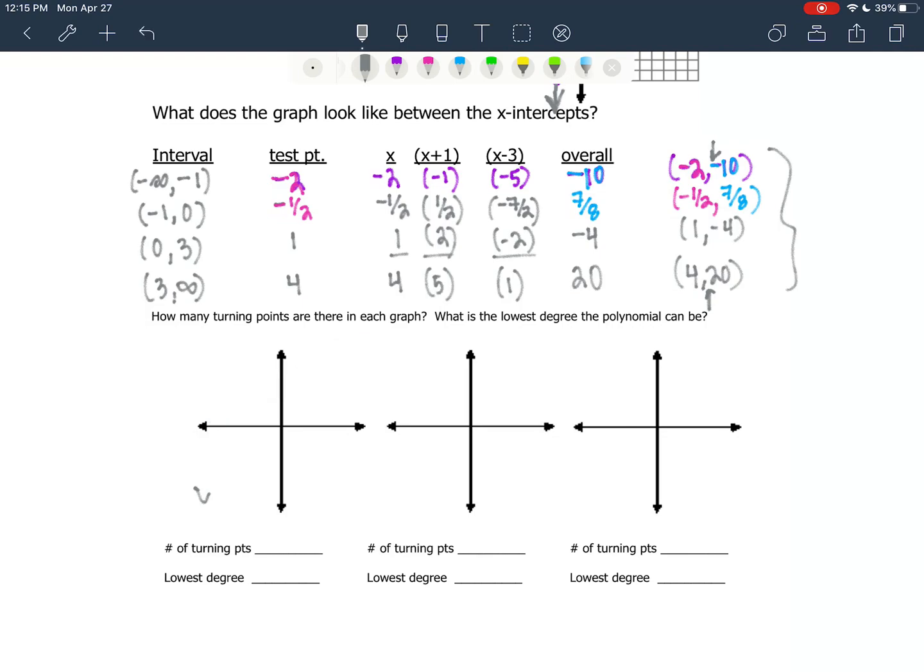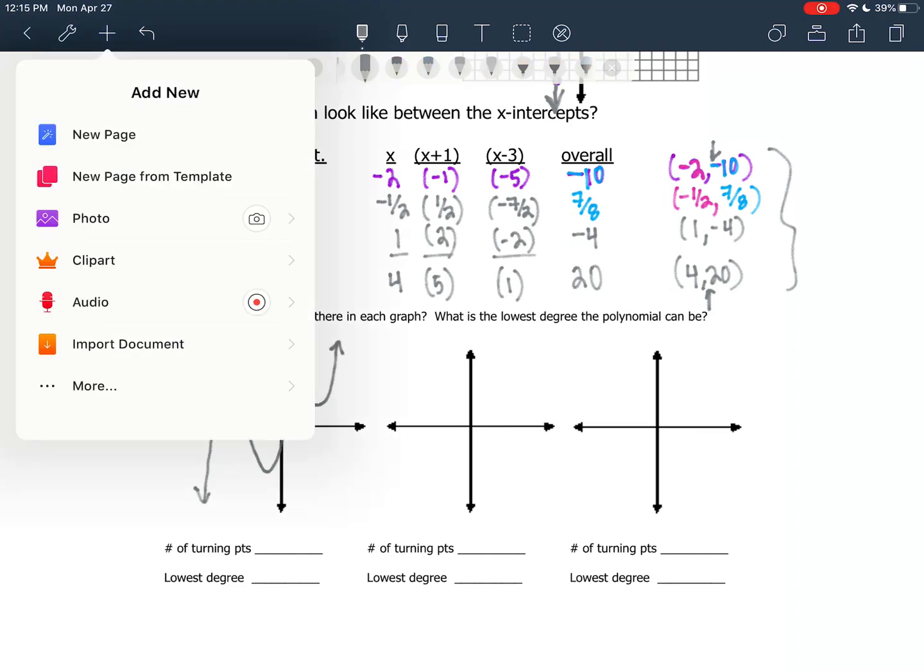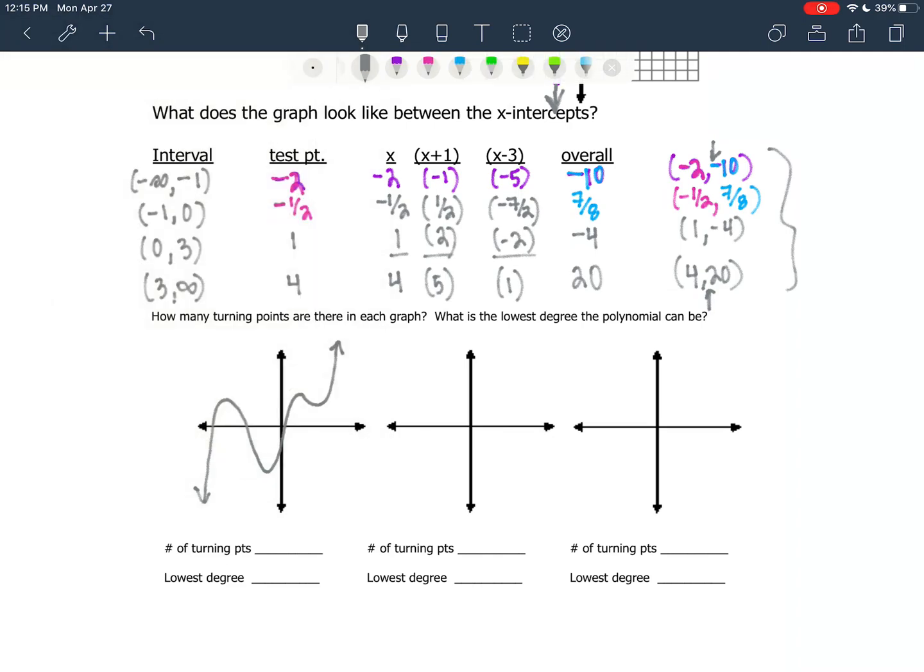So it kind of looks like a step. I could draw it like that, or I could draw it like that. I'm trying to draw a real cool one here, if you couldn't tell. There, that's kind of cool right there.